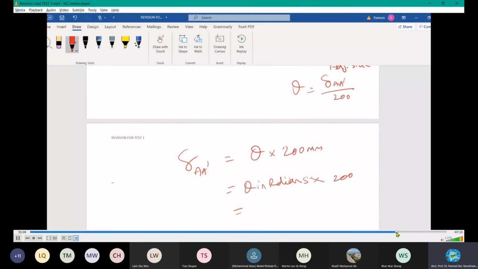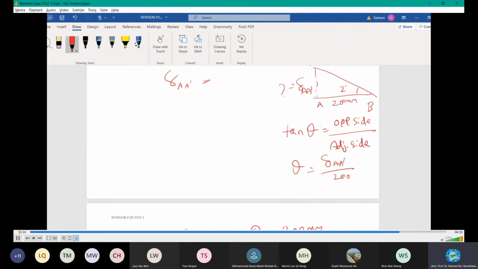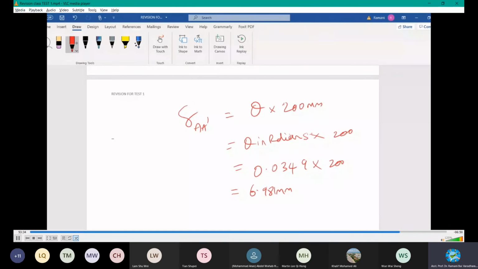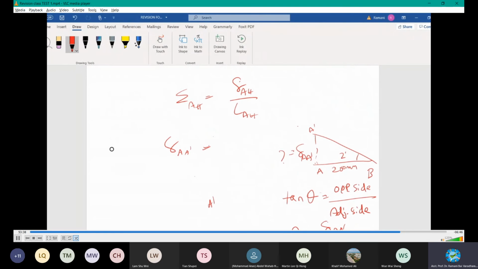Can you substitute and give me the answer, please? Quickly. 0.349 times 200, what is that? You can keep 3 digits, always keep 3 digits. 6.98 mm. This is the value of delta A dash. Okay, let's substitute in this equation.